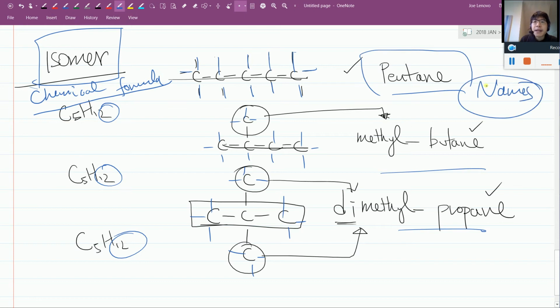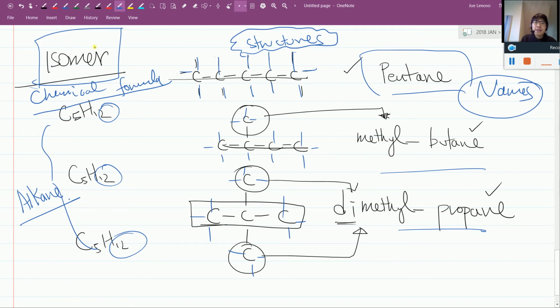The different names imply different structure. They come from the same family, the family of alkane. They are brothers to each other, and each brother has a different name. They may behave similarly, but may behave differently from each other.